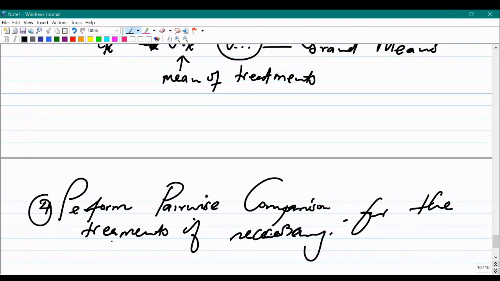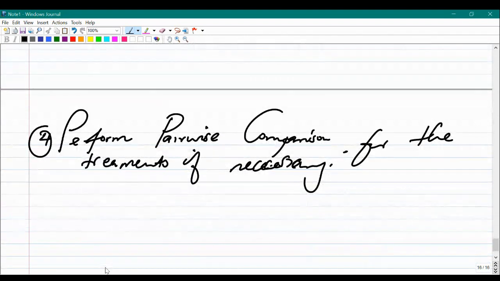Is it necessary to perform pairwise comparison? Yes. Let's perform. Which method do you prefer? We have done LSD. So you want us to go with the LSD? LSD.